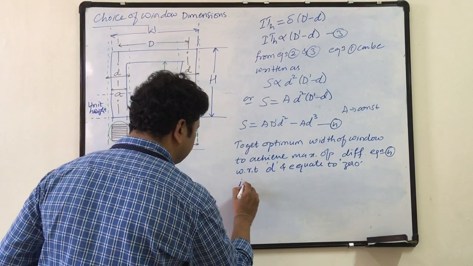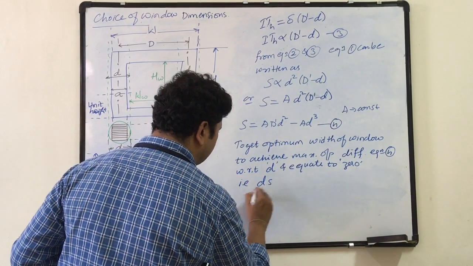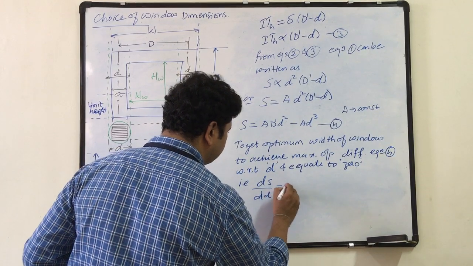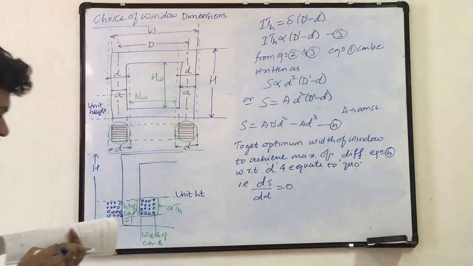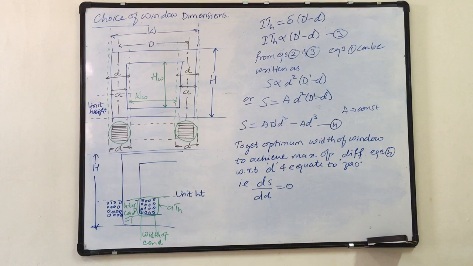That is dS by dD is equal to 0. Don't write it as d square.